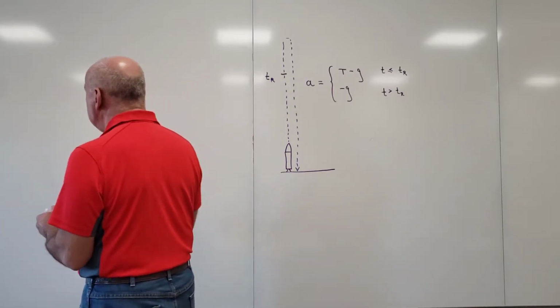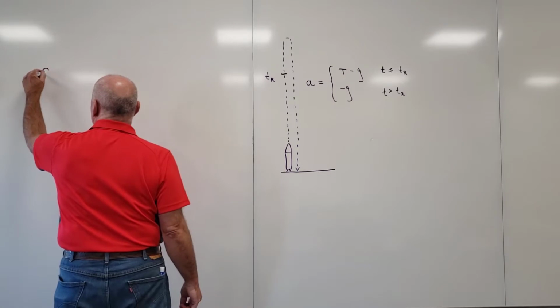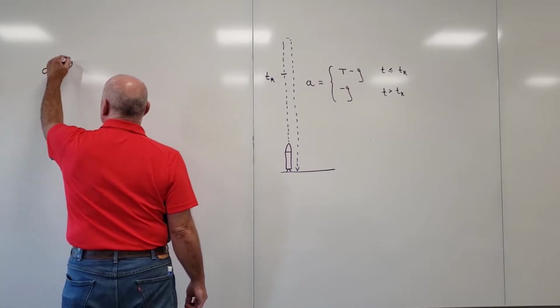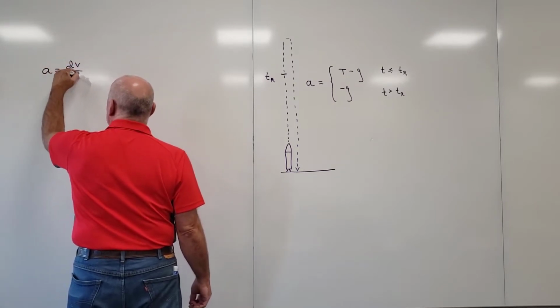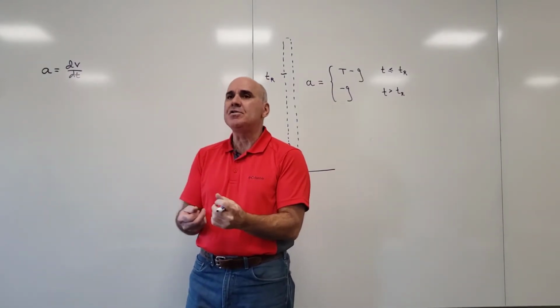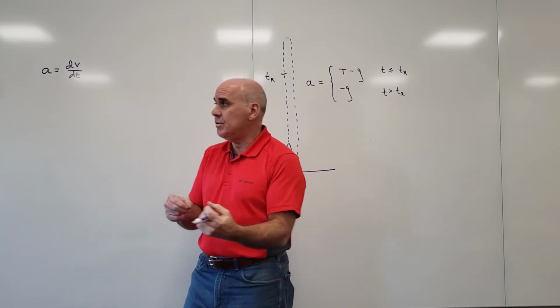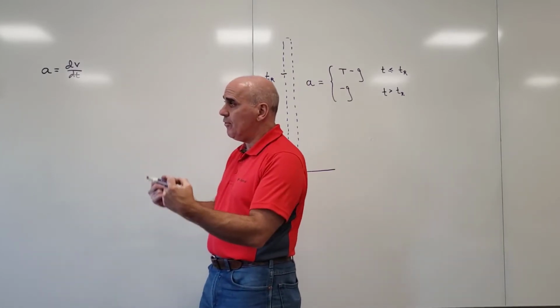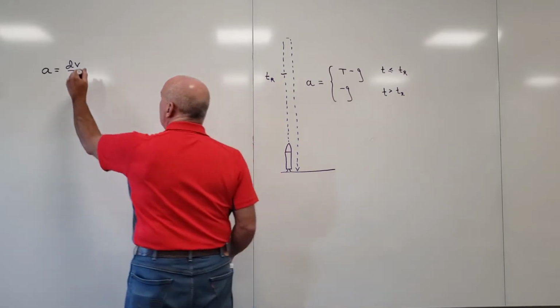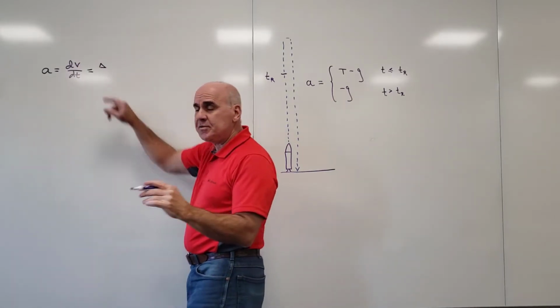Okay, so the idea is the rocket's going to obey a couple of really simple rules. So the acceleration is equal to the derivative of velocity with respect to time. But we're not going to do the calculus for this. What we're going to do is say, hey, let's go backward to what this equation was before we knew what derivatives were. Well, it was equal to the change. Remember, the Greek letter delta stands for change.